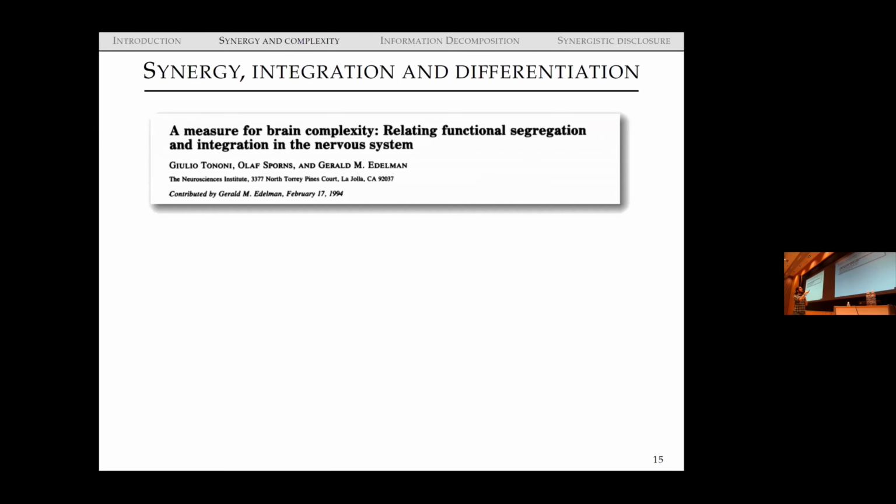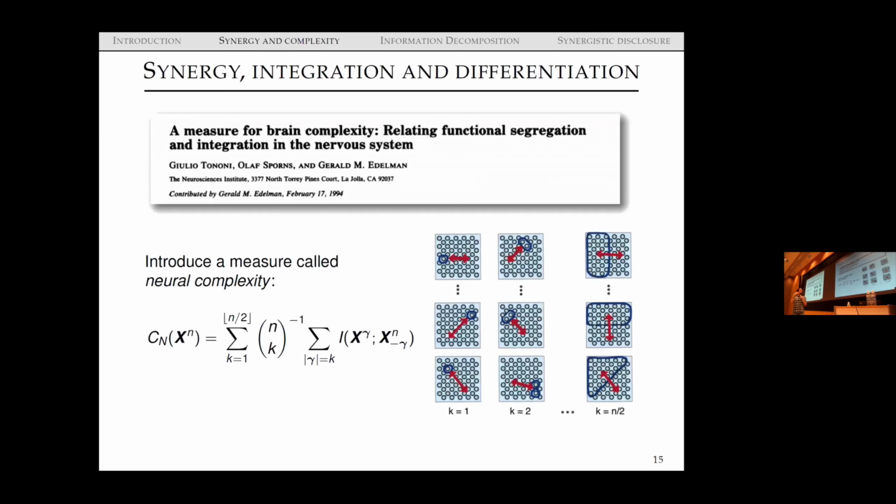In this paper, they talk about a measure called neural complexity, which is supposed to quantify to some degree the balance between integration and segregation in neural dynamics. And this is basically the precursor to all the phi-type measures that have been developed since.